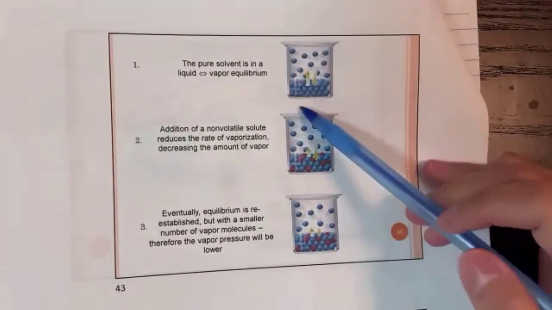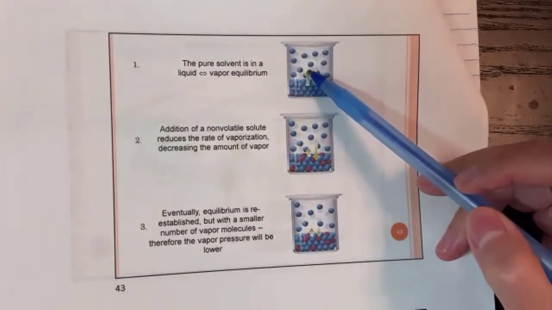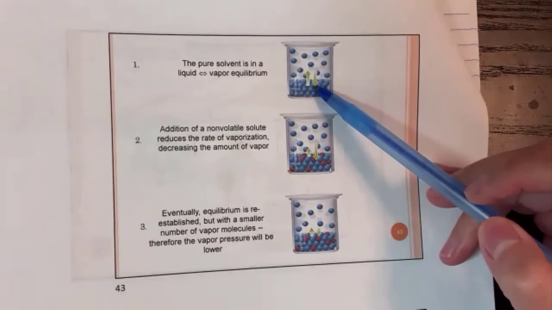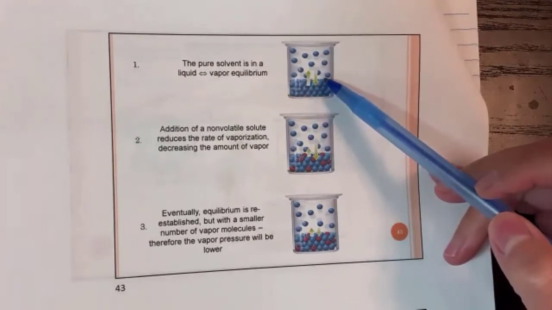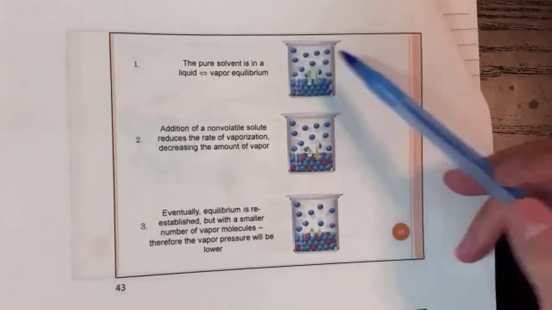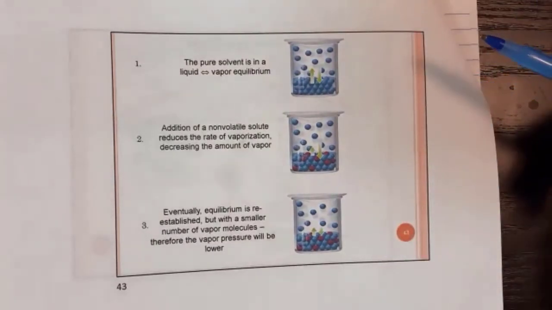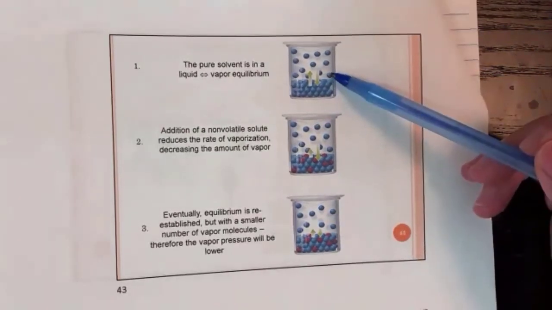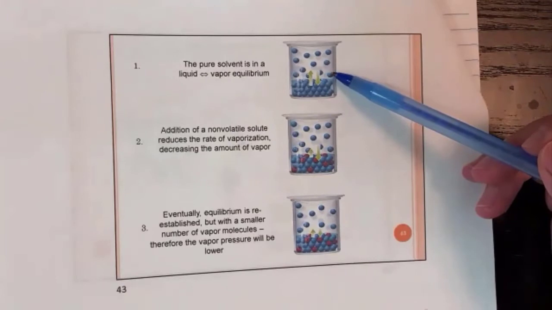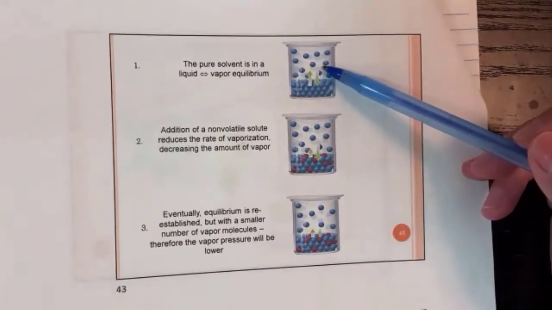You close the beaker, and eventually the rate of evaporation and condensation equals out and they reach dynamic equilibrium. You have 1, 2, 3, 4, 5, 6, 7... I think it's about 12 in here, right? Those 12 pieces of gas are going to create a vapor pressure, the vapor pressure of pure water. So the more gas you have, the more vapor pressure it will be.